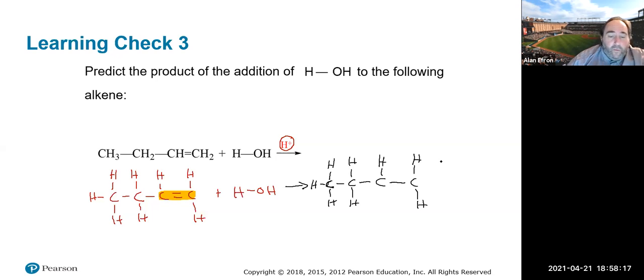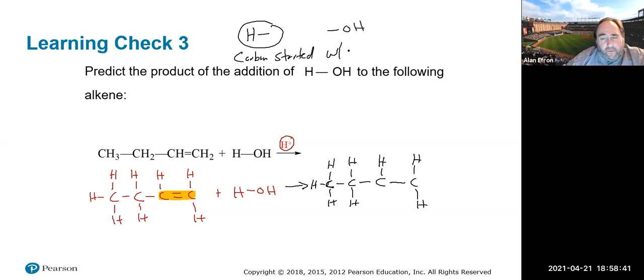Now, we do have a little bit of analysis that we need to do in this case, because we're adding this unsymmetrical, which is we're going to add a hydrogen to one and an OH to the other. So Markovnikov's rule basically is the hydrogen should go to the carbon that started with the most. And what does that mean? It means you should go back here to our original guy.